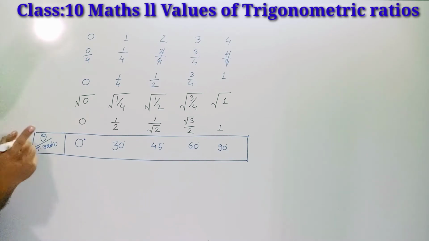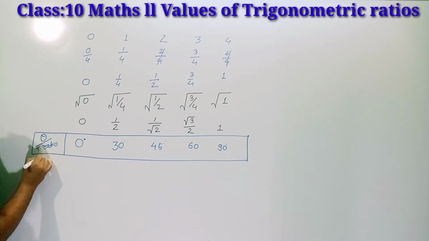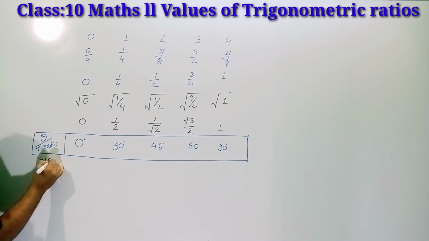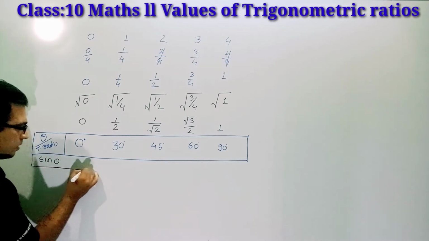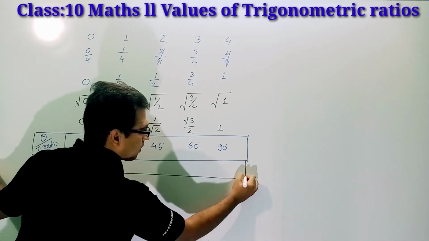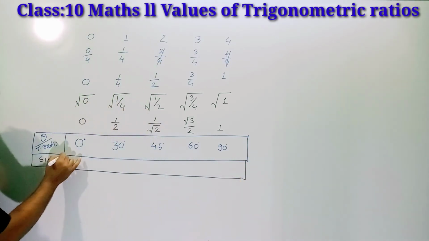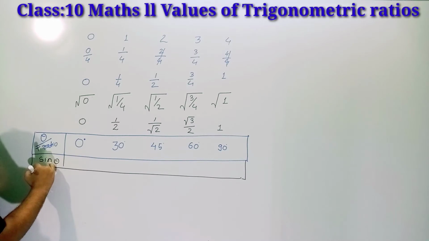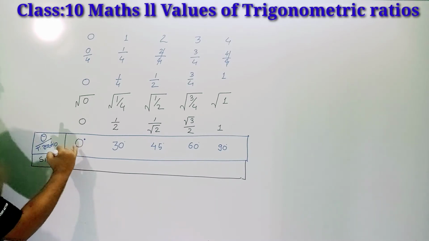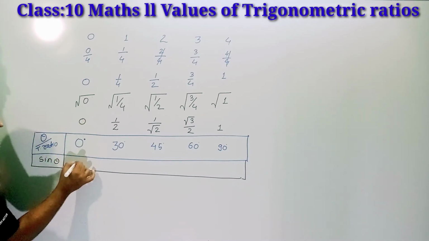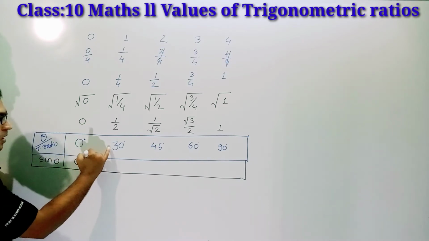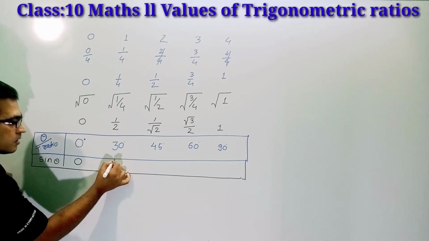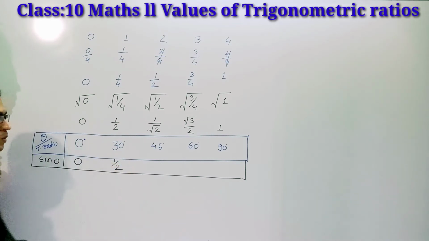Now our first trigonometric ratio is sine. So putting sine theta over here. If we want to find out the value of sine 0 degree, the value of sine 0 degree is 0, right? The value of sine 30 degree is 1 by 2.